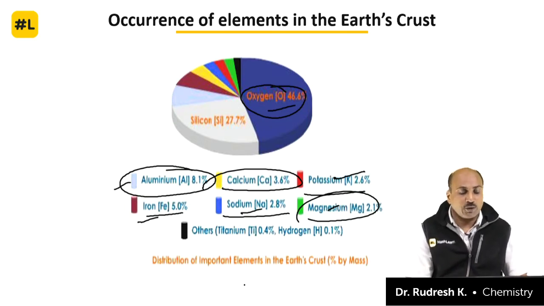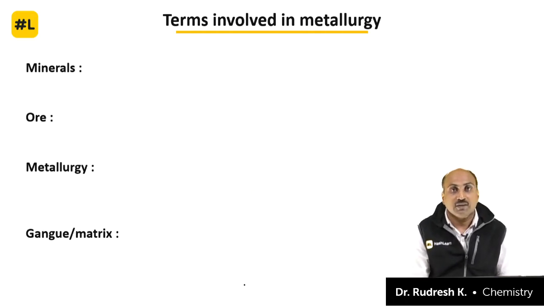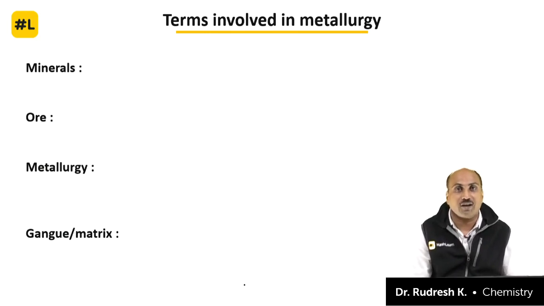Now we will be talking about where you get these substances. All of you know this. These substances are compounds which we are talking about. They exist along with the rocky material, or silicates or carbonates. Hence, they are called minerals.